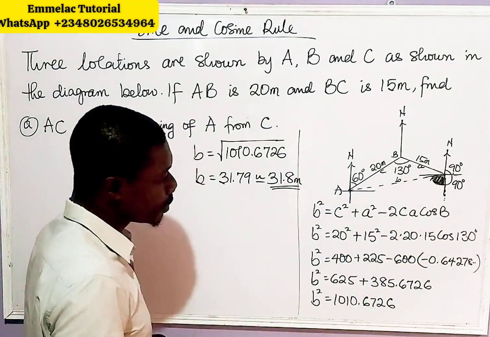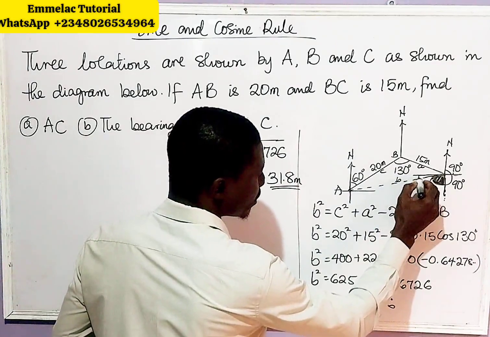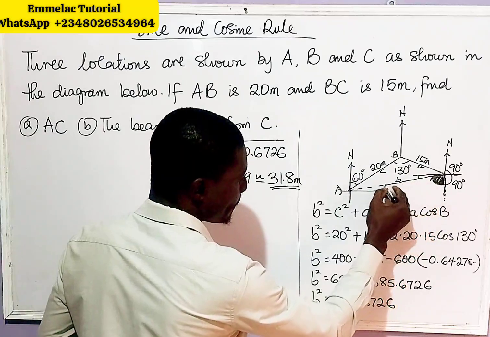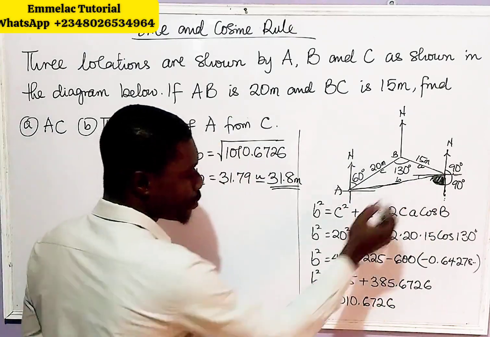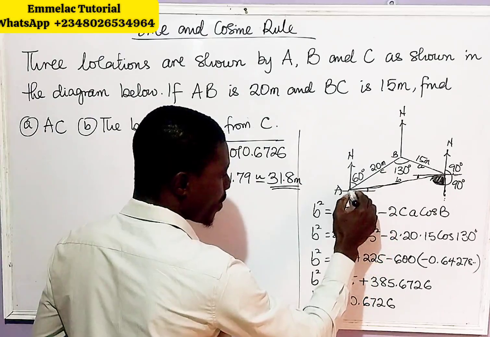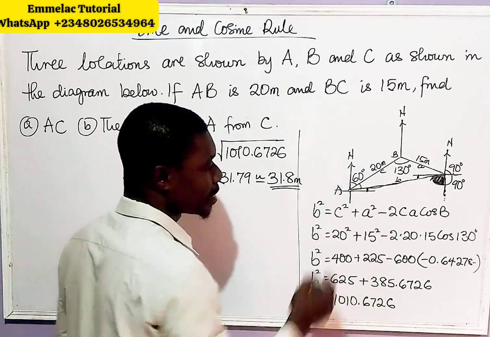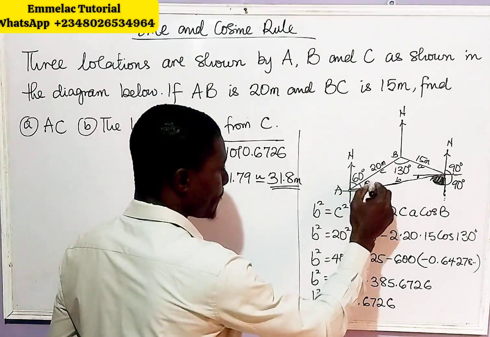So what we just need to do here is to find a way to get this angle here. Okay, and how do we get this angle here? This angle is alternate to this angle. And we can only get this angle if we are able to calculate this angle. So let's just make this theta.